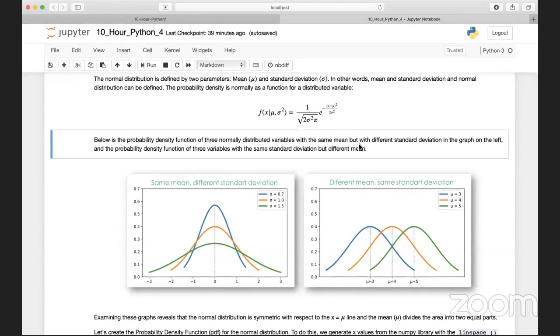Okay, so that's why researchers or practitioners try to take advantage of the normal distribution. Even if they don't have normally distributed data, they try to modify it to have normally distributed data.